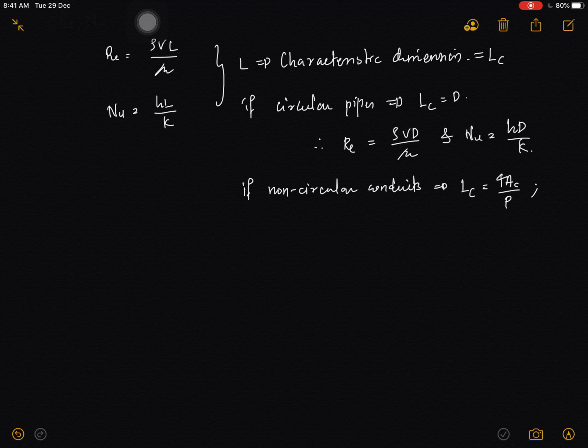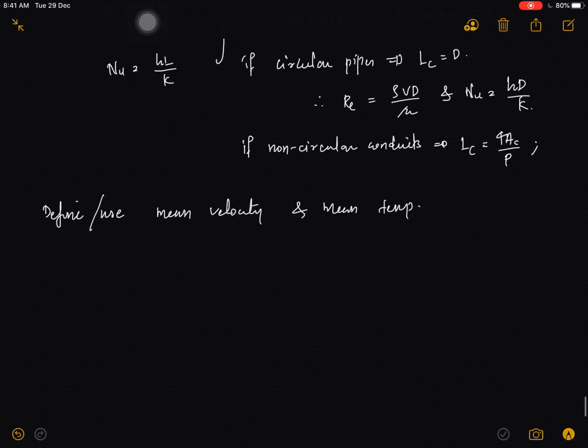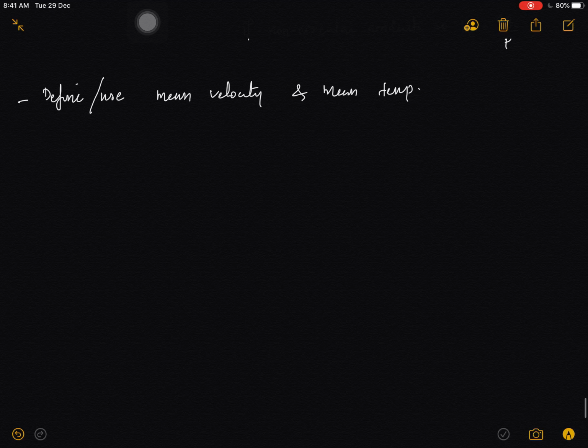While dealing with internal flow, we should use two terms: mean velocity and mean temperature. For the analysis of internal flow, we will be using this mean velocity and mean temperature.